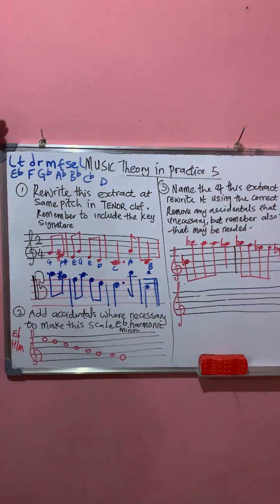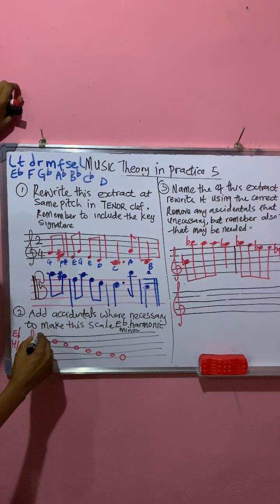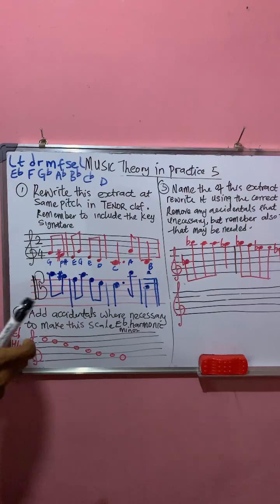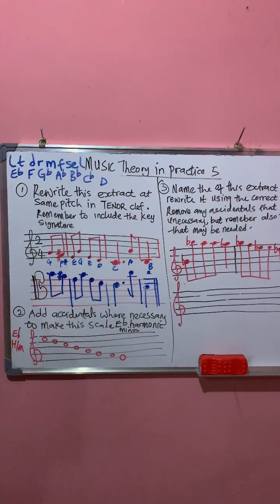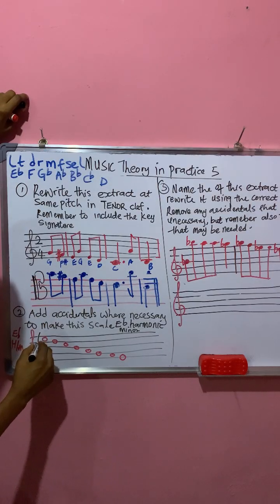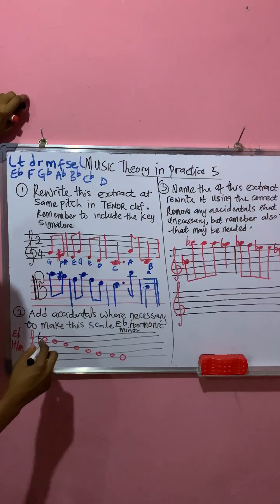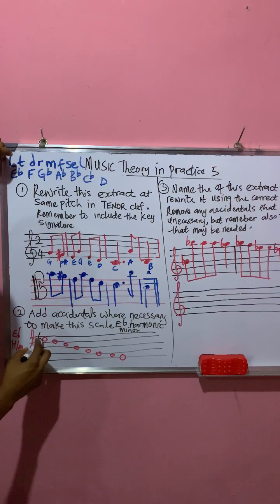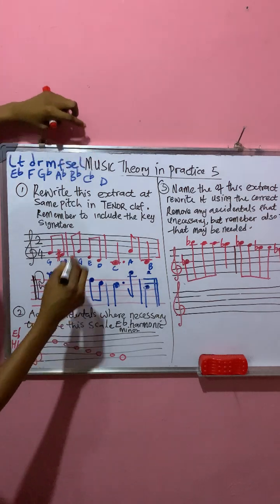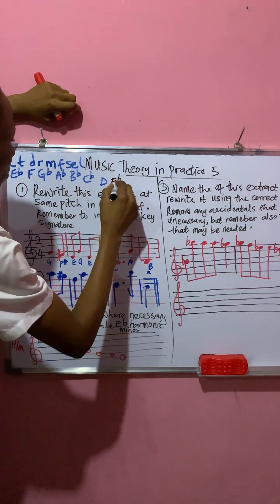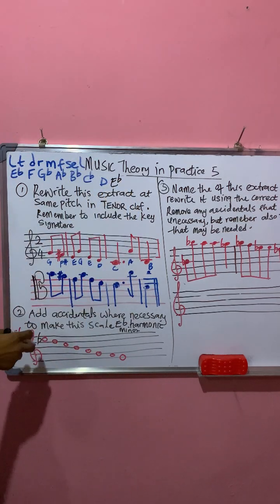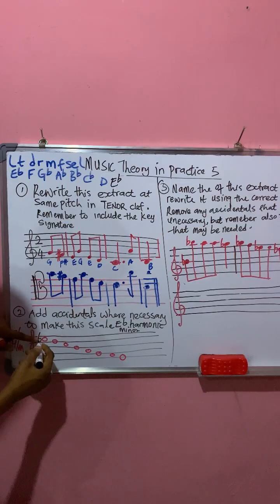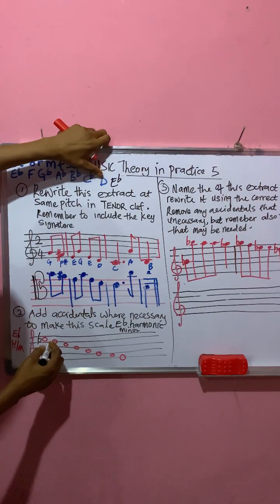So let's fix it here. So that means we are going to have E flat. We are going to have D, E flat. Let's start from here, okay? Because it's given in. So there's going to be E flat, and we have D, not D flat.